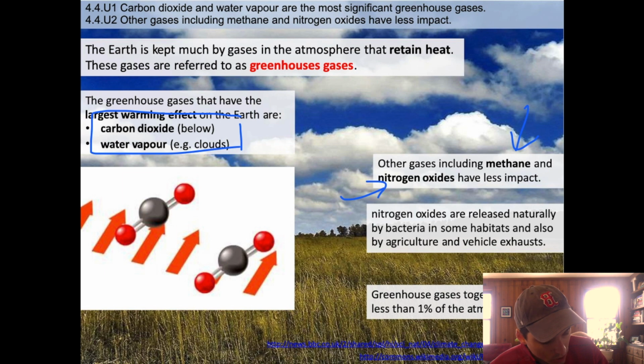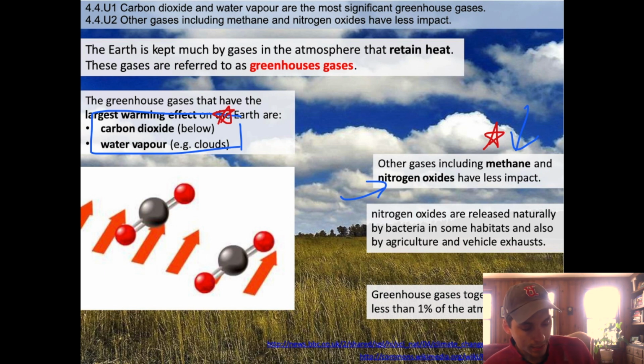The reason those two are really important ties into 4.3 when we talked about the carbon cycle. Both carbon dioxide and methane are important gases in the carbon cycle.